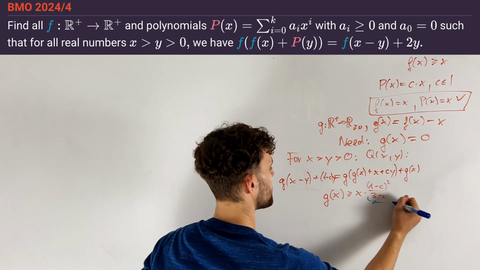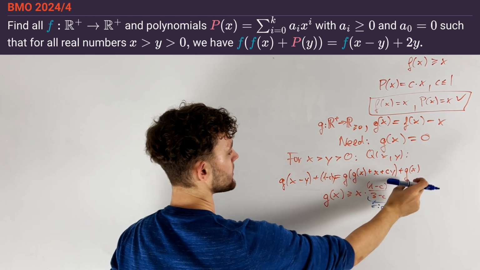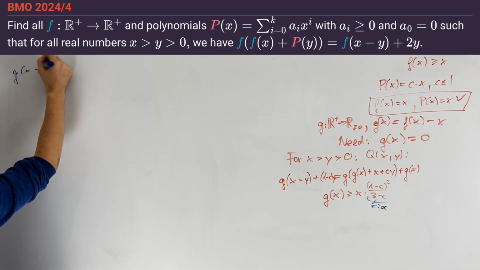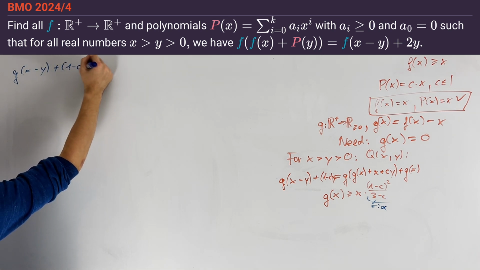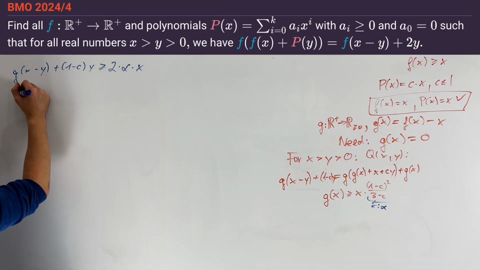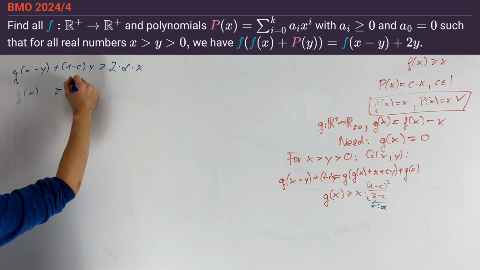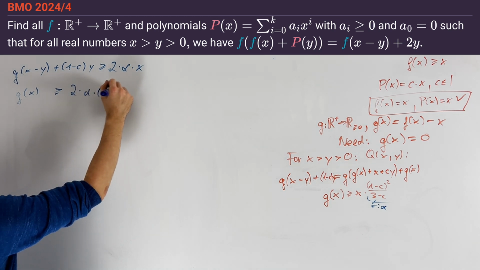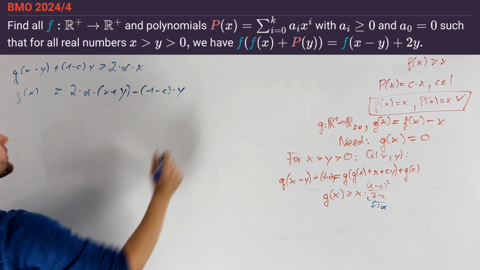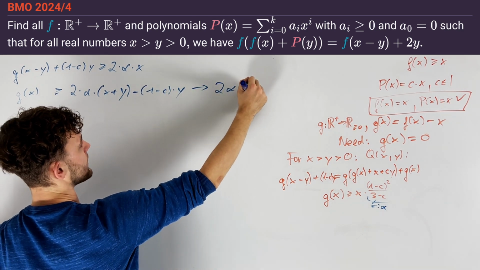Indeed, if we denote this factor by alpha, then we can use the fact that both these arguments are greater than or equal to x to conclude that g(x - y) + (1 - c)y is greater than or equal to 2 times alpha x. Replacing x by x + y, this is g(x) greater than or equal to 2 times alpha times (x + y) - (1 - c)y. And then if we let y go to 0, this is nothing but 2 alpha x.